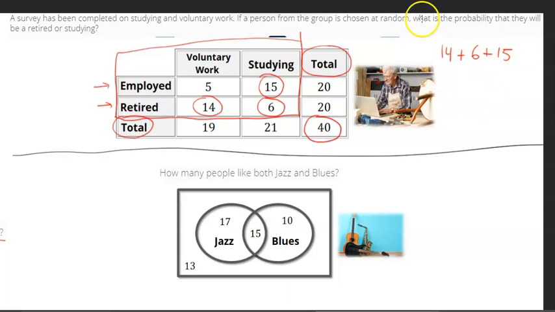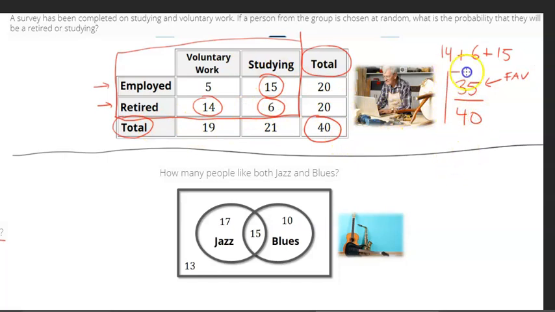Once we figure out this total amount, 14 plus 6 plus 15, this will give us 35. We then want to carry this out as a probability. So probability needs to be in the form of a fraction. There's our favorable, okay? We figured out the favorable context, and now we just got to put that over the total, which in this case is 40.